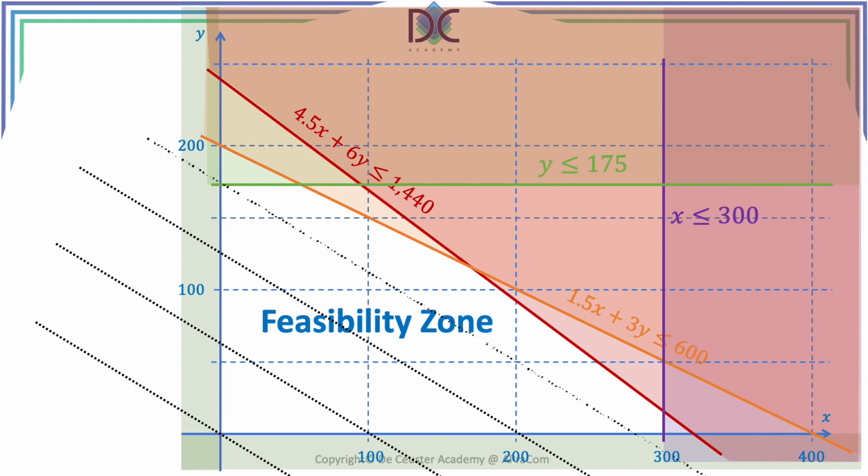and we try to go as far away from the point of origin. The perpendicular distance between the origin and the line, the farthest away from the origin, is in fact the optimal solution. And we see that the intersection point between the orange and the red line is the farthest away.